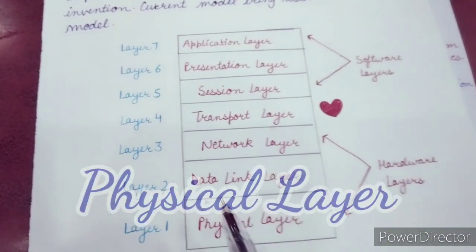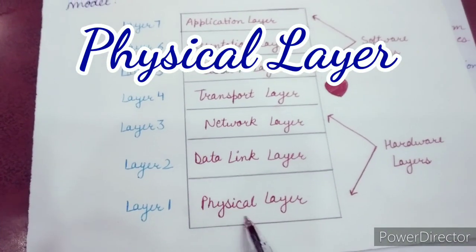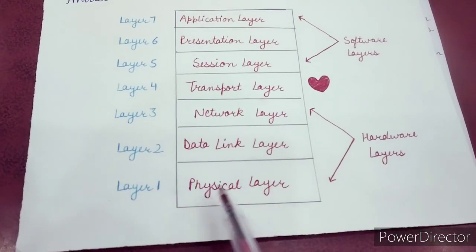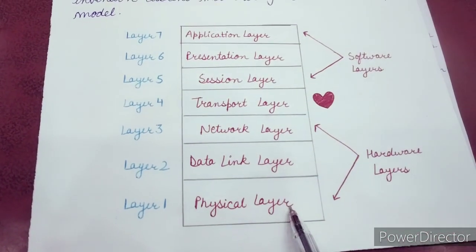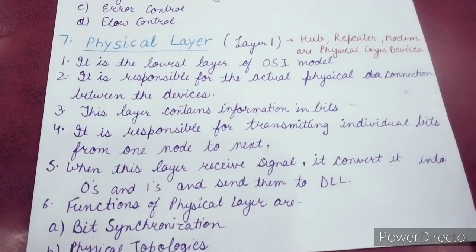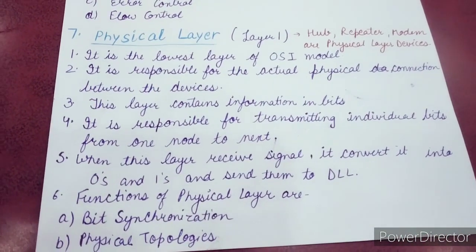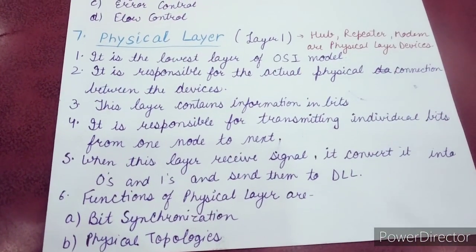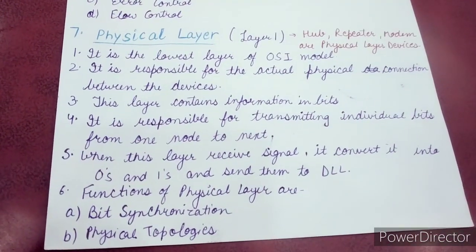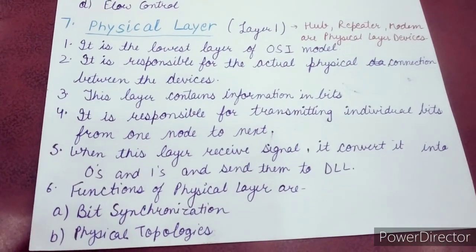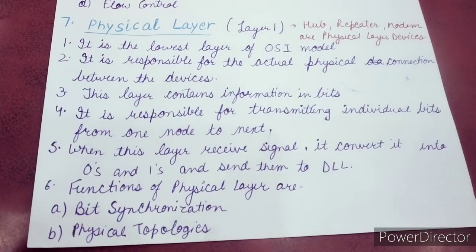Now coming to layer 1, the physical layer. It is the lowest layer of the OSI model. It is responsible for the actual physical connection between the devices. This layer contains information in bits.